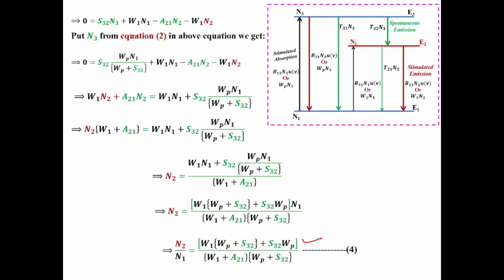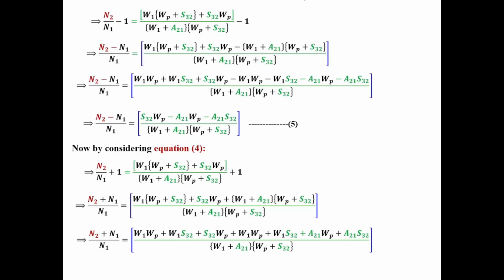So here in equation number 4, on the left hand side I just subtracted 1, and on the right hand side also subtracted 1. Then I simplified. Here on the left hand side it will be N2 minus N1 by N1 is equal to, here this term as such I have written here, and minus 1 means minus of these two terms by these two terms.